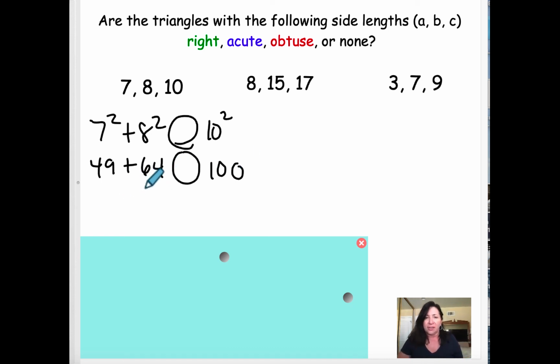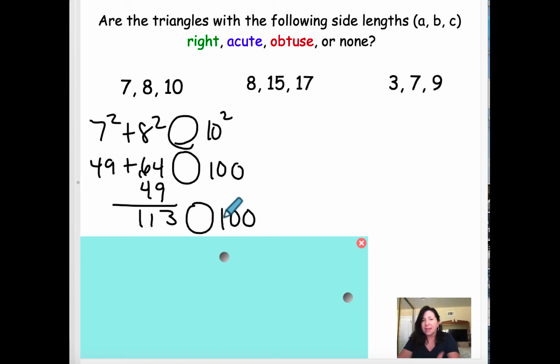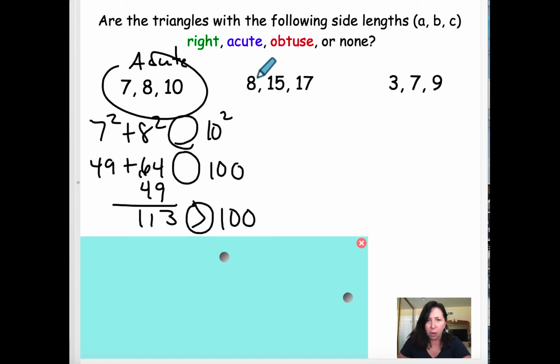So the sum of the squares of the sides is greater than my hypotenuse squared. So if my hypotenuse squared is less than the sum of the sides squared, then this triangle right here is actually an acute triangle.